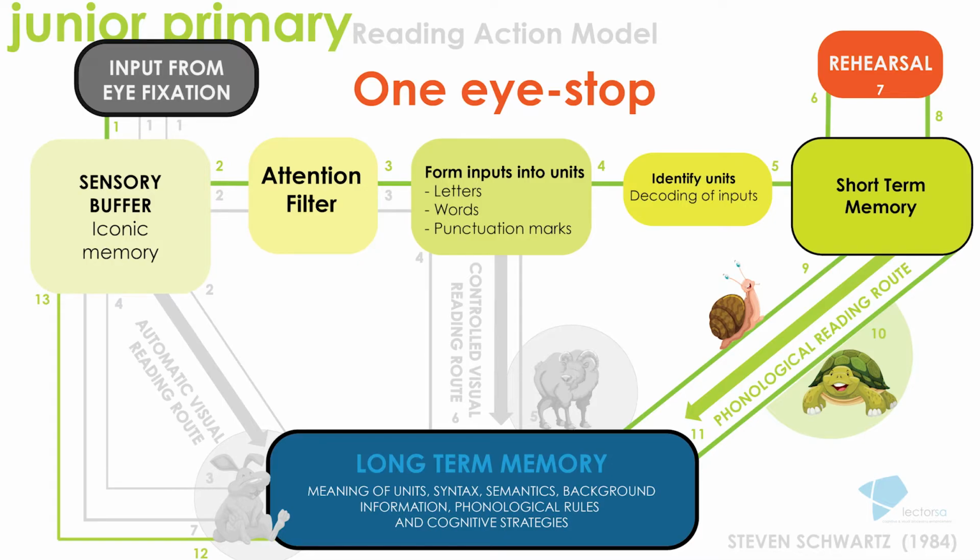We learn how to identify those units, and then this is rehearsed in the short-term memory. And once we've been able to do that, we can carry this information to the long-term memory, and at the end of the day, go on to the next eye stop. And that is how we decipher the text that we are busy working with.